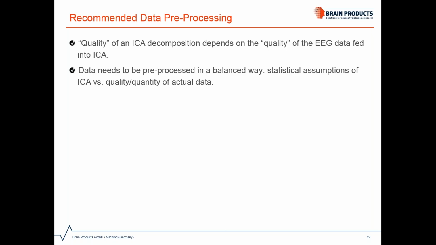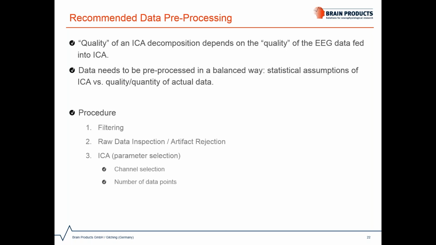So you should do some balanced preprocessing, keeping enough high-quality data, but at the same time trying to fulfill the statistical assumptions of ICA. Usually two preprocessing steps are recommended: filtering and some artifact detection and removal. On top comes the selection of appropriate input data regarding the number of channels and length of the training interval for the ICA algorithm.